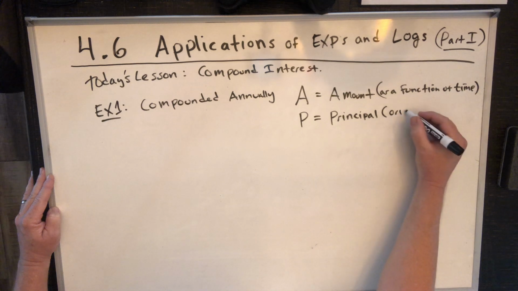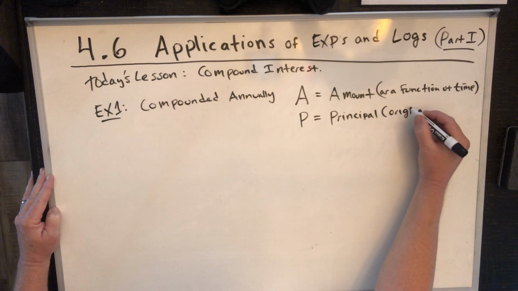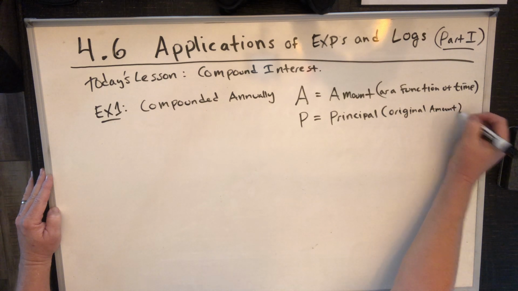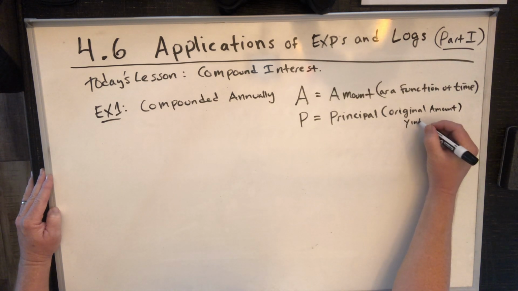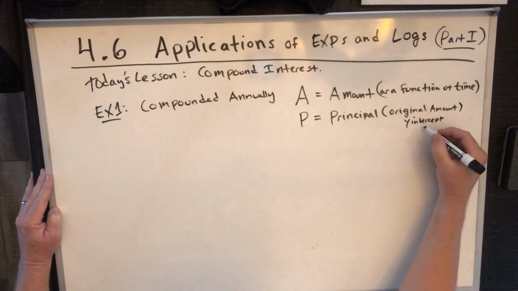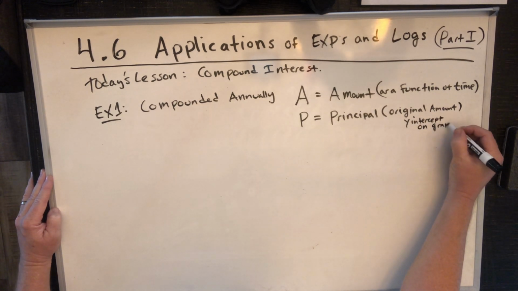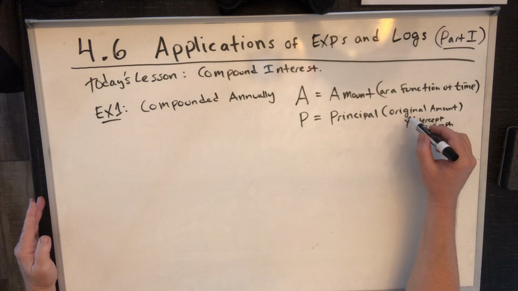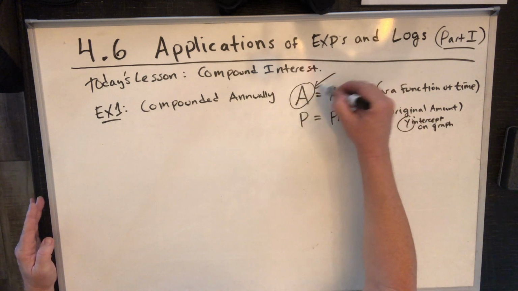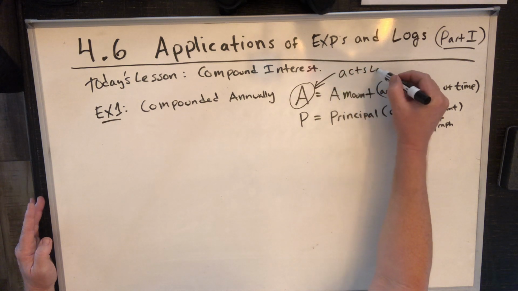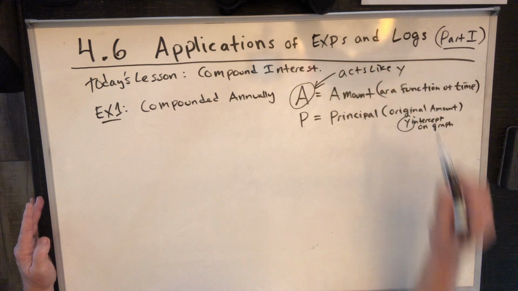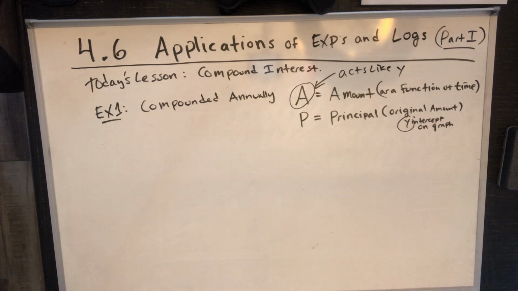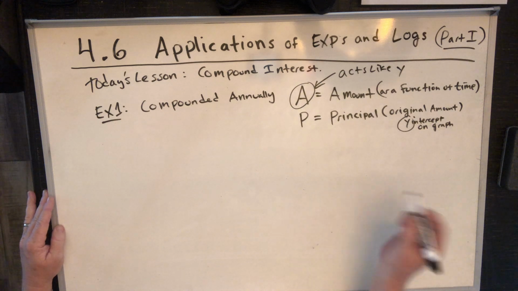That's the original amount. It's also known as the y-intercept if we were drawing a graph. Although we're not going to be using the letter y, A is going to act like y. P acts like our old y-intercept from our graphing problems, which we'll do in a minute.